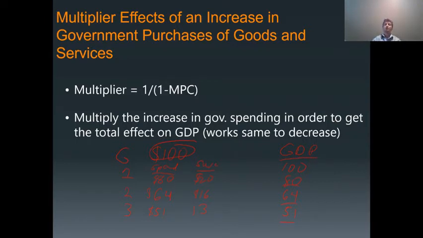So essentially what this means is you don't have to spend the amount of the gap in your recession to actually change GDP by that much. And it works the same for decreasing as well, as it pulls money out of the economy. So to do that, the multiplier is 1 over 1 minus the MPC, or 1 over MPS if you have the MPS, because 1 minus MPC is the MPS.